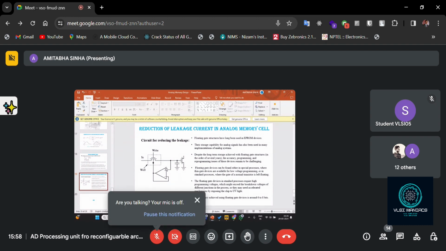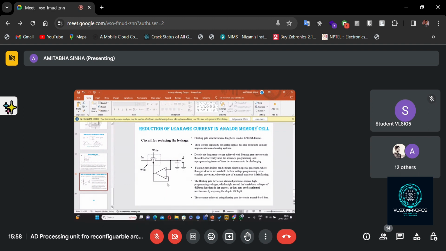Or alternately, another circuit can be done. By giving this capacitor input to the input of this feedback amplifier, the leakage current can be maintained.